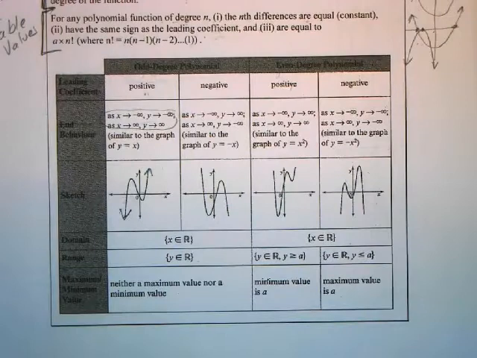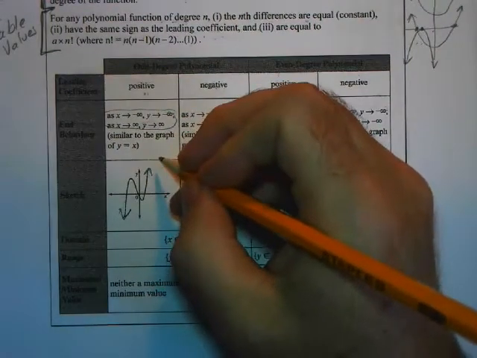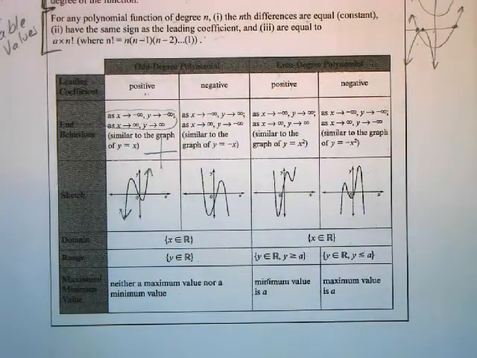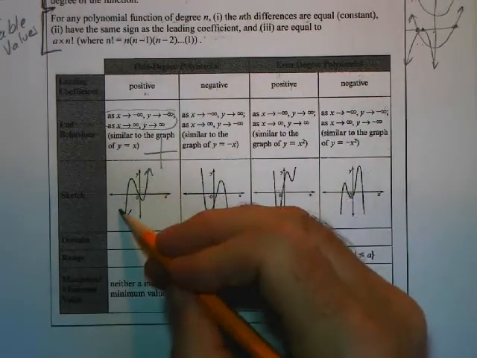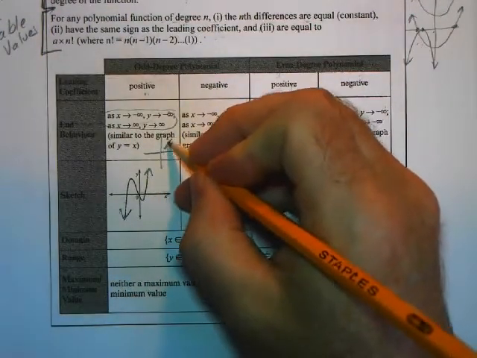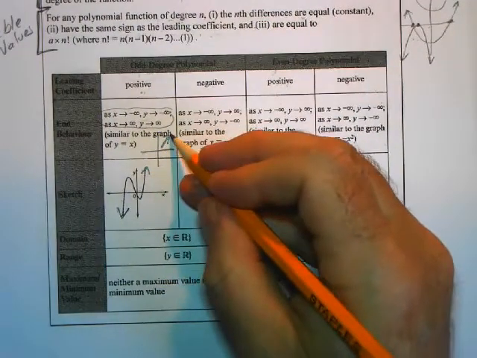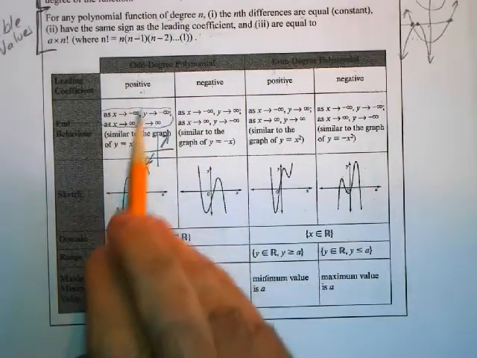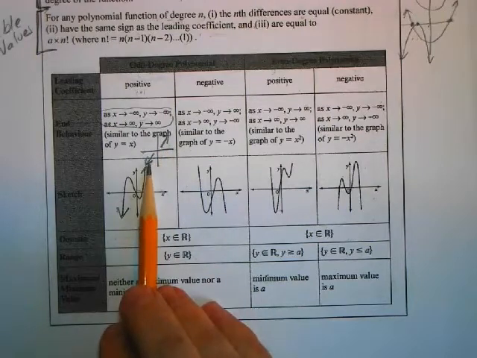There's a couple other ways that I think are a little more practical and easier to use. The first one is just showing arrows. If I was just to summarize the end behavior, I would draw an arrow in this quadrant going up and an arrow in this quadrant going down. So all odd degree polynomials with positive leading coefficient will have this end behavior.